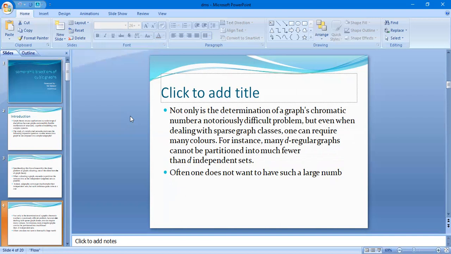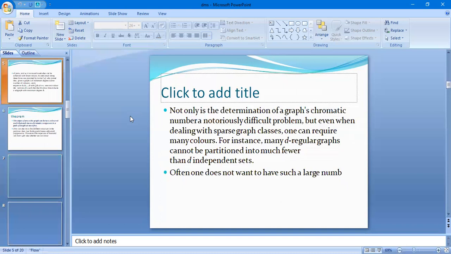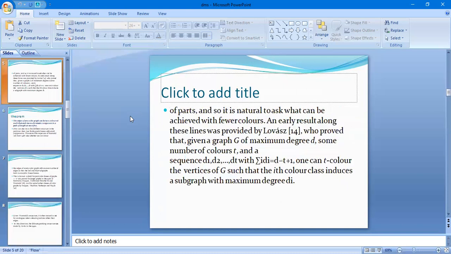For instance, many d-regular graphs cannot be partitioned in much better than into independent sets. Often one does not want to have such a large number of parts, and so it is natural to ask what can be achieved with fewer colors.